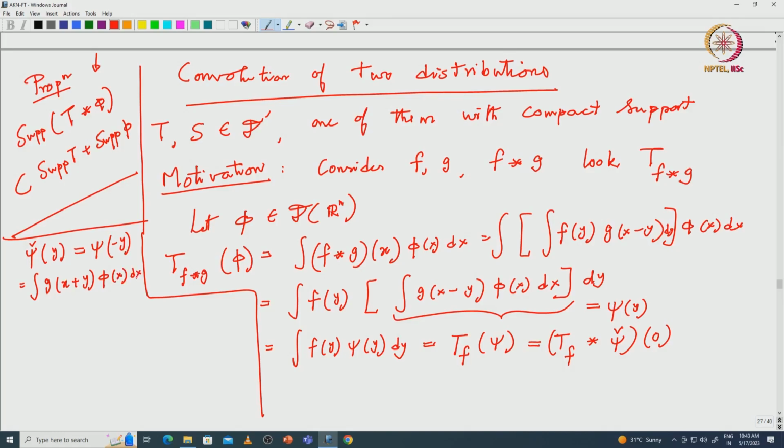Substitute t equal to x plus y. So, this is equal to g of t and phi of t minus y dt.